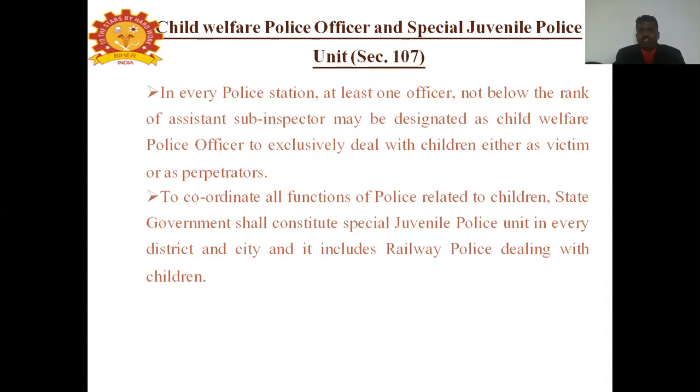To coordinate all the functions of police related to children, the state government shall constitute a special juvenile police unit in every district and city, and it includes railway police dealing with children. So these are very important.